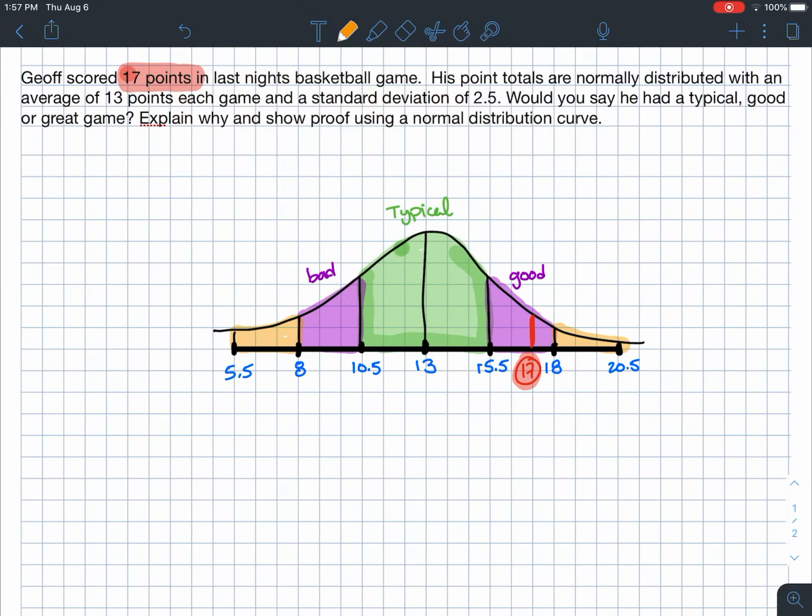And then finally, there's over here, this is where he's doing really great or terrible. And again, it all changes with context on this. So you can see that in our normal distribution curve, even if we're not in that percentage zone that we talked about with the 68, 95, 99 rule, we can still figure out if he's had a typical, a good, or a great game, or bad or terrible, depending on where that curve is and what it's measuring.